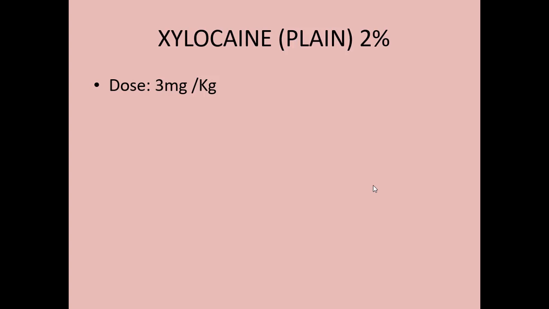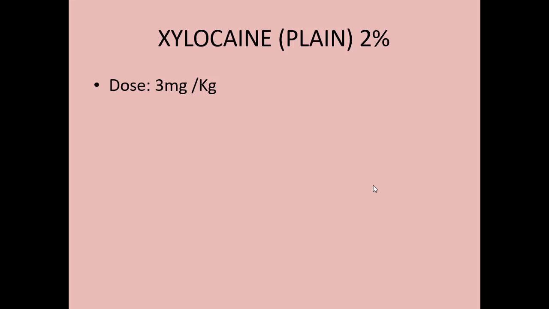But why have we taken this dose? Because that is mentioned in Bailey and Love. And remember, whatever calculation will be in your exam, that will be from your book Bailey and Love. So that's why we are taking all the reference values from Bailey and Love.